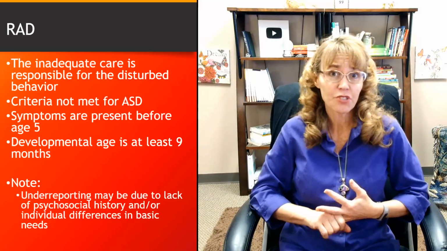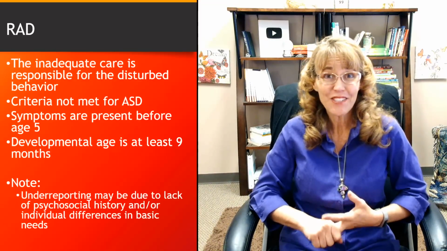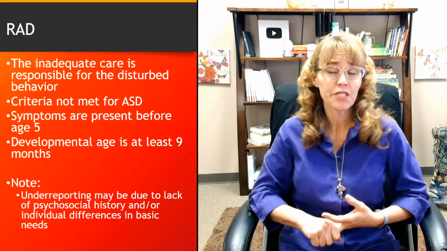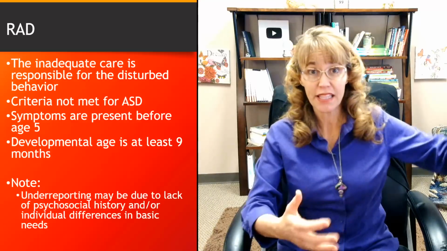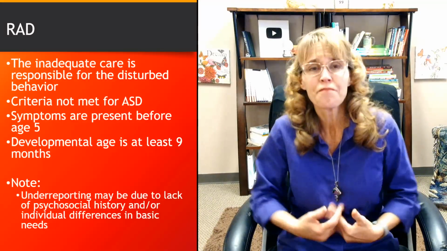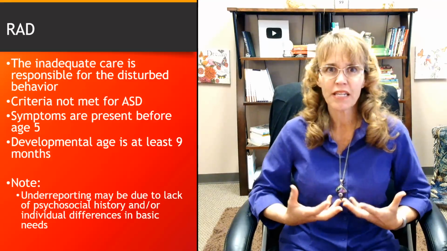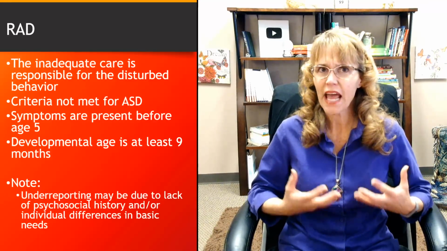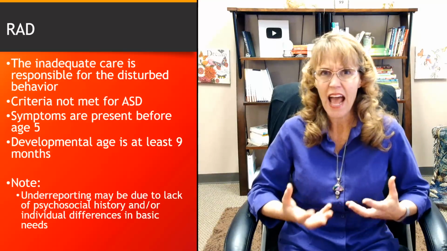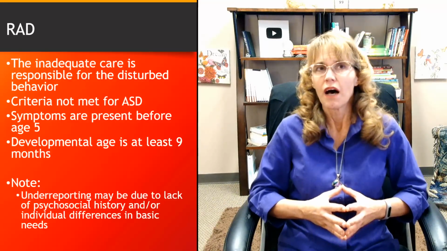We can't count on the caregiver, the biological caregiver, to be a reliable historian because during the time that they had the child in their custody, they may have been so overwhelmed with their mental illness or their addiction that they aren't able to actually give an accurate, clear-headed report of what was going on.